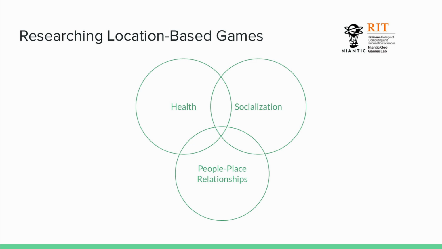Which brings me to the final category of location-based game research: people-place relationships. Being pervasive games, location-based games have a notoriously weak separation between play and the ordinary, right? Local shops are more than a place to get food or clothing, but also a place to play the game, meet friends, and more. The player must decide for themselves how strong that separation is.